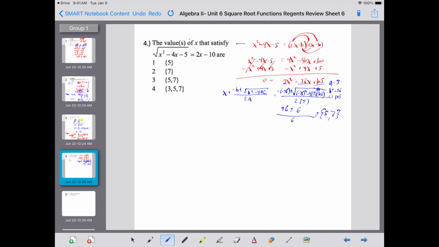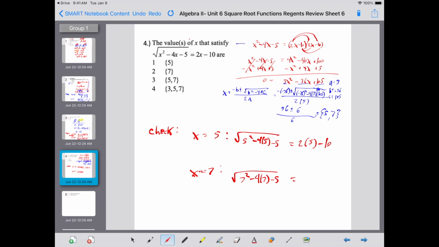So, we have to check x equals 5, x equals 7. And just to get in the good habit, even though it's not really necessary in this case because they're not negative, you should be doing that.